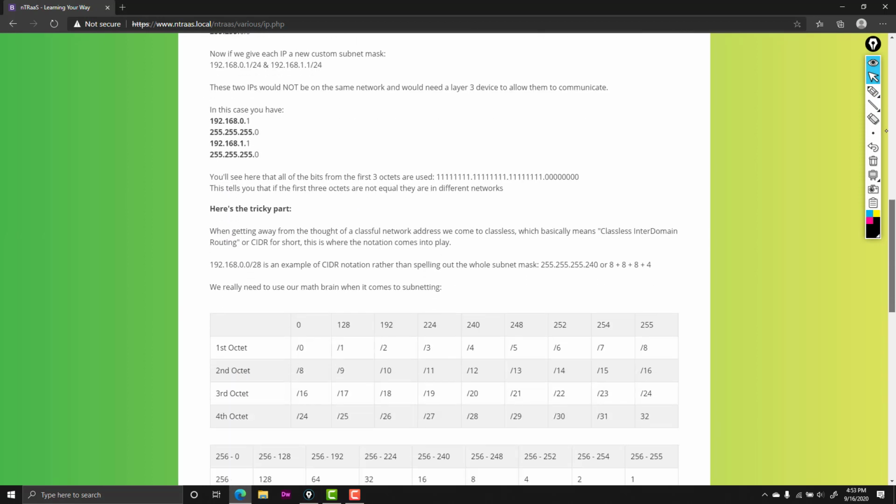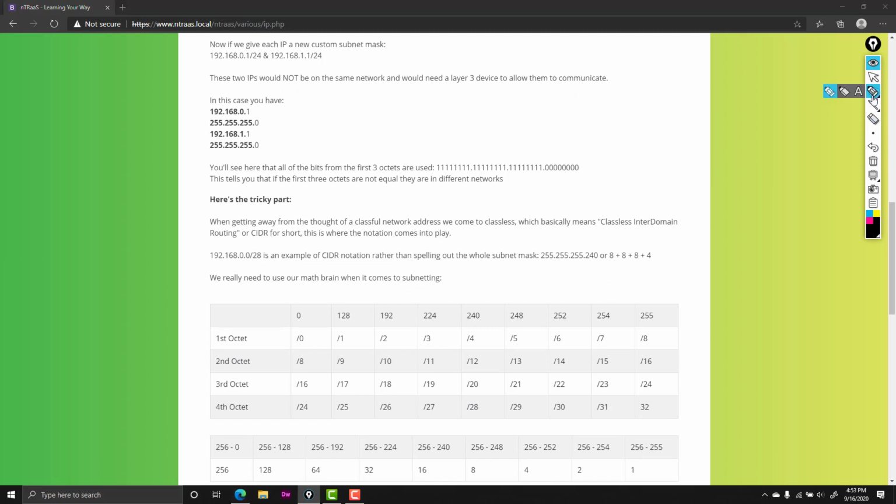Now if we change it up a little bit, we're going to give them a new custom subnet mask. 192.168.0.1 with a /24 and 192.168.1.1 with a /24. Now these IP addresses will not be on the same network and will need a layer 3 device to allow them to communicate. So if you look here, we have 3 octets that are 255.